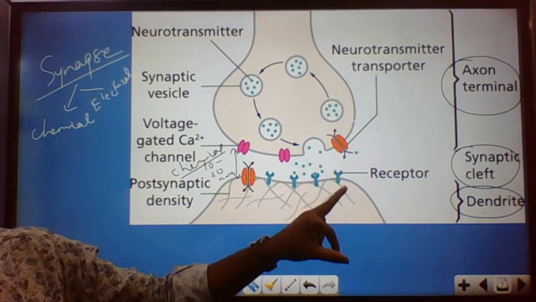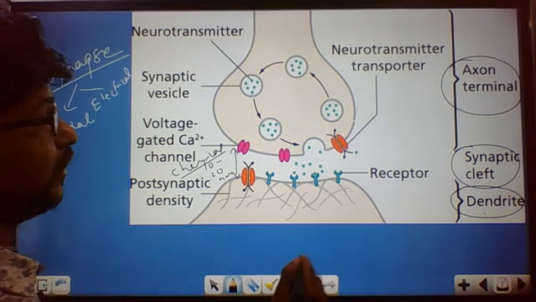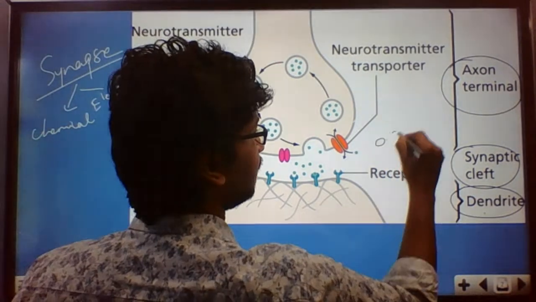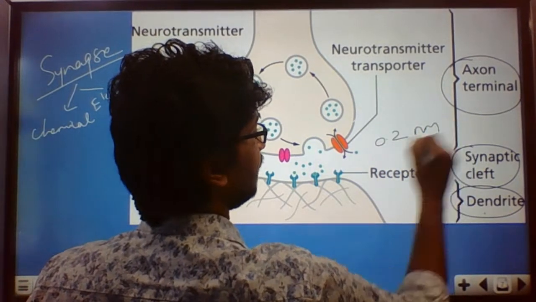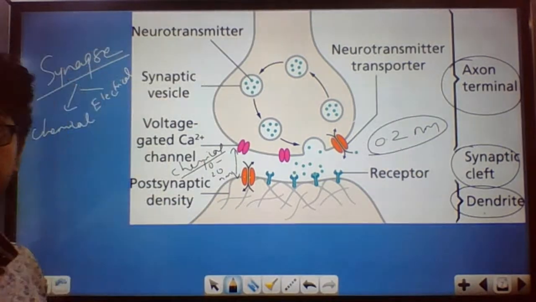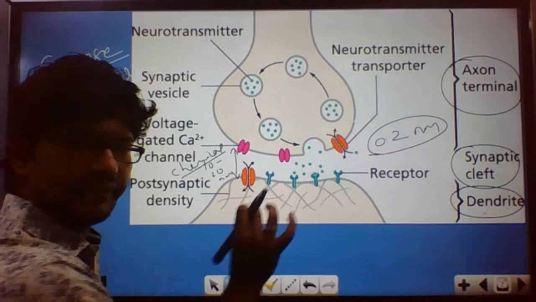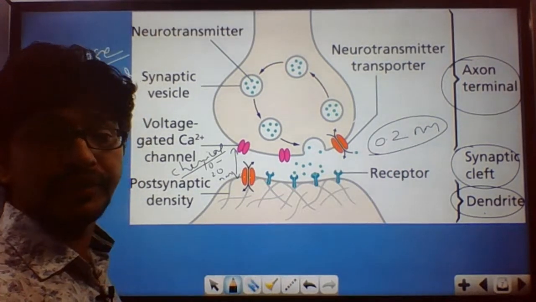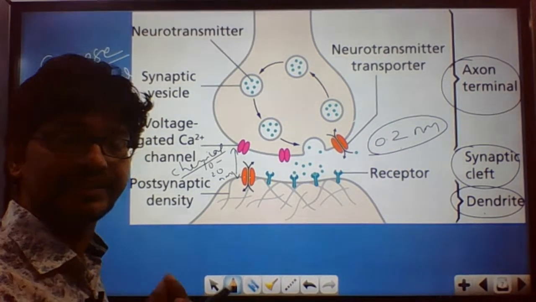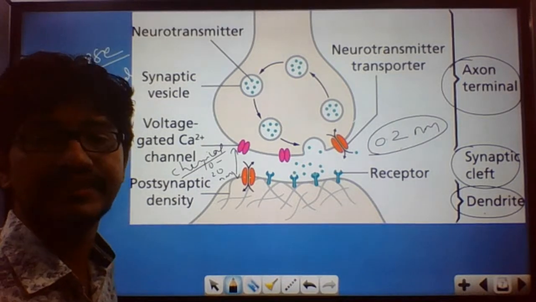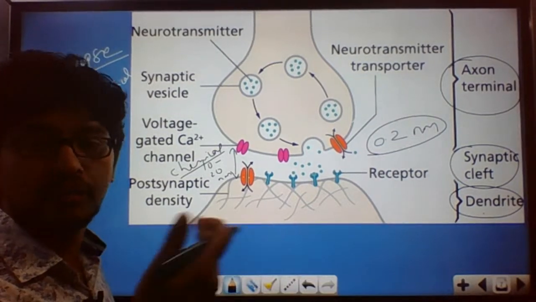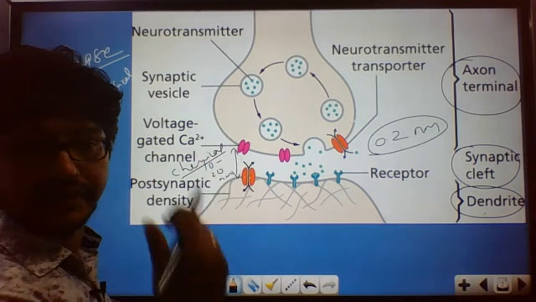But in case of electrical synapses it is 0.2 nanometer, which is very little. Since the gap is so small, it doesn't require any chemical substance like acetylcholine to transfer the impulse from the axon to the dendrite.